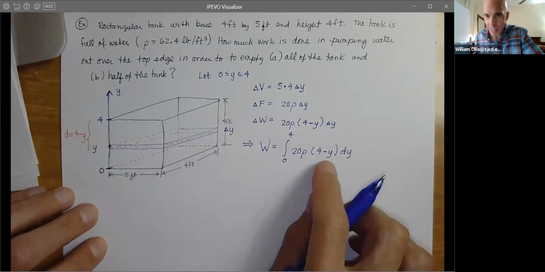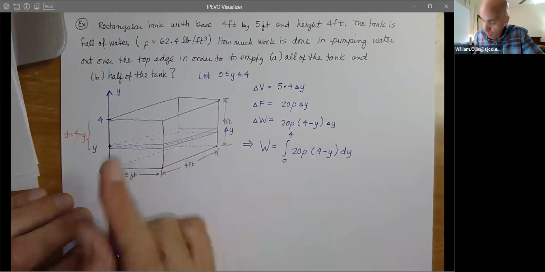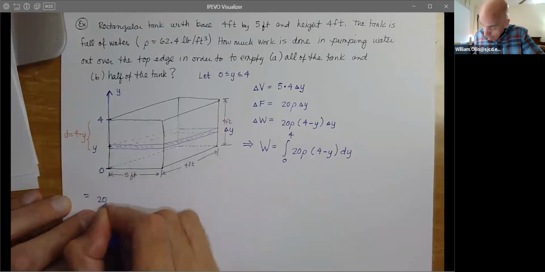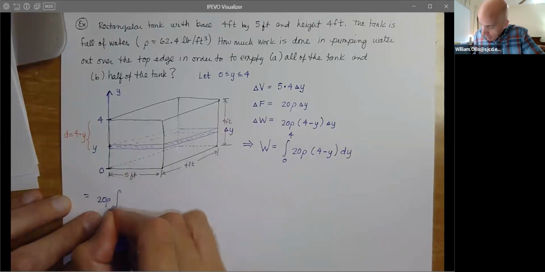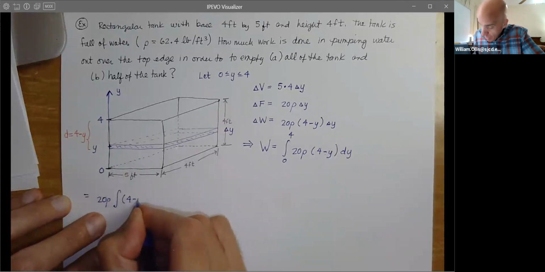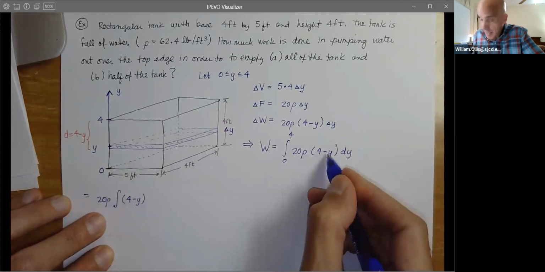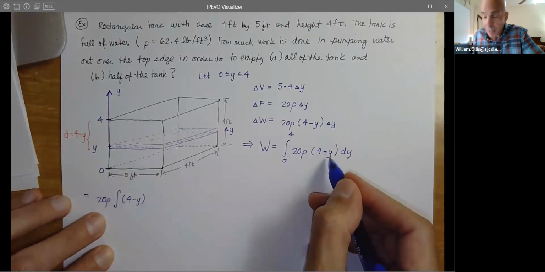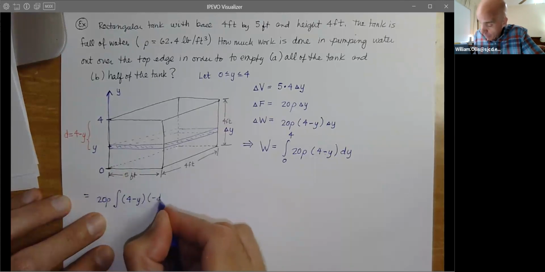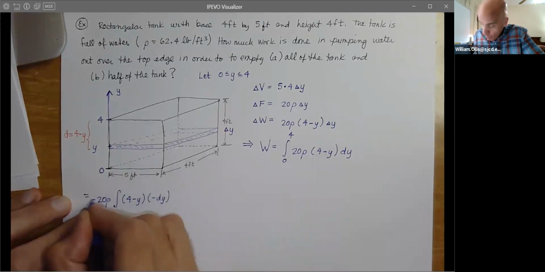So this is easy. We can dress this up, add 1 divided by the new power. So now work will be 20 rho. Now we have a 4 minus y, so with the chain rule, we have a negative 1 here when we differentiate with respect to y. So let's put in the negative dy and then pay for it to make this table ready.